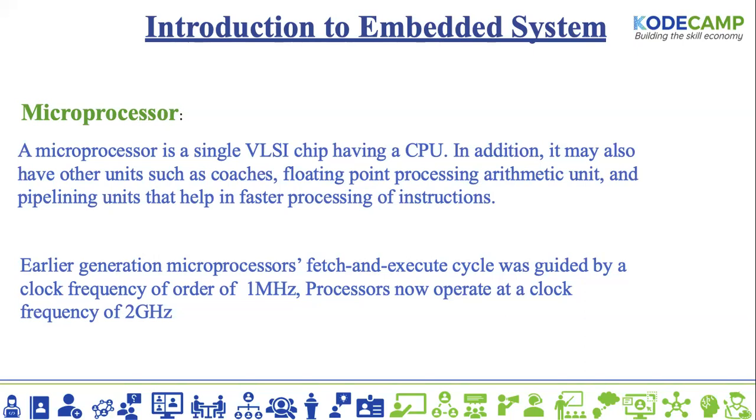Now, the very early generation of microprocessors only used a kind of fetch and execute cycle. This fetch and execute cycle was really a problem, and processors couldn't work faster because of this very technique, where it has to fetch data, wait for a particular action to be done before it goes back to execute.